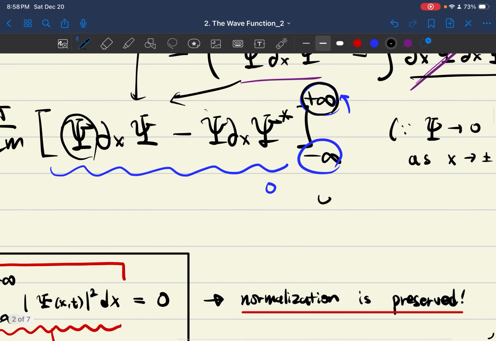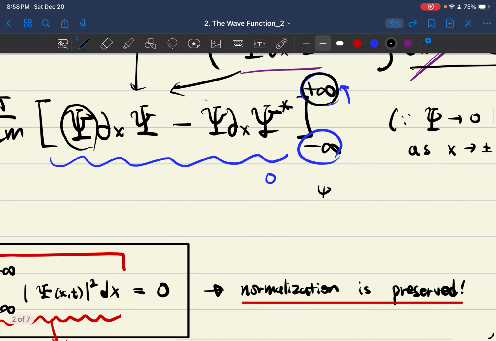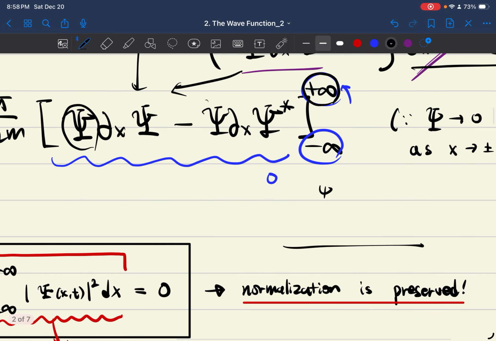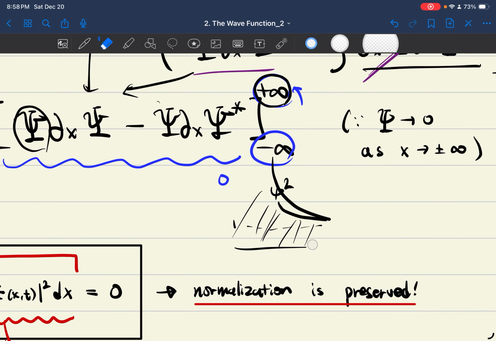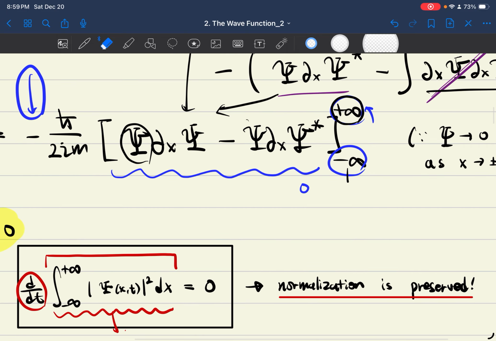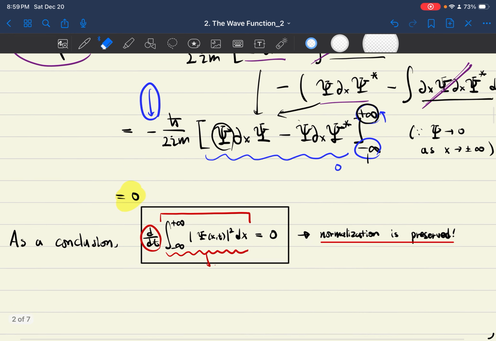If ψ doesn't go to 0, for example goes to 1, the integral must blow up. So ψ must go to 0 as x goes to infinity. So we got 0. That's it.